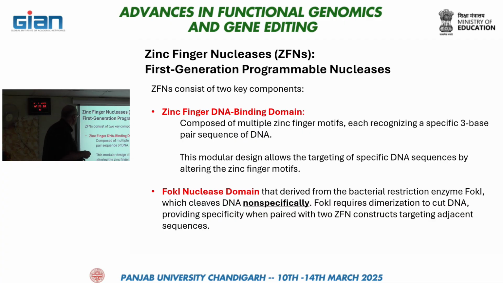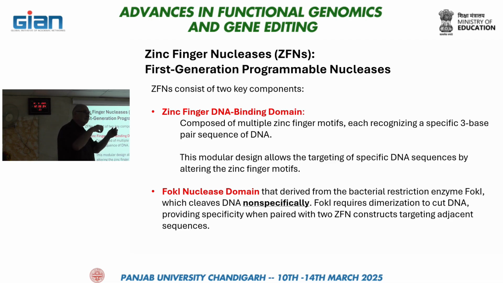Okay. So the zinc finger nucleases I'm talking about consist of two key components. The first is the zinc finger DNA binding domain, the thing I was talking about, composed of multiple zinc finger motifs, each recognizing a specific 3 base pair sequence of DNA. If you have a certain sequence, you can design zinc fingers to recognize it.